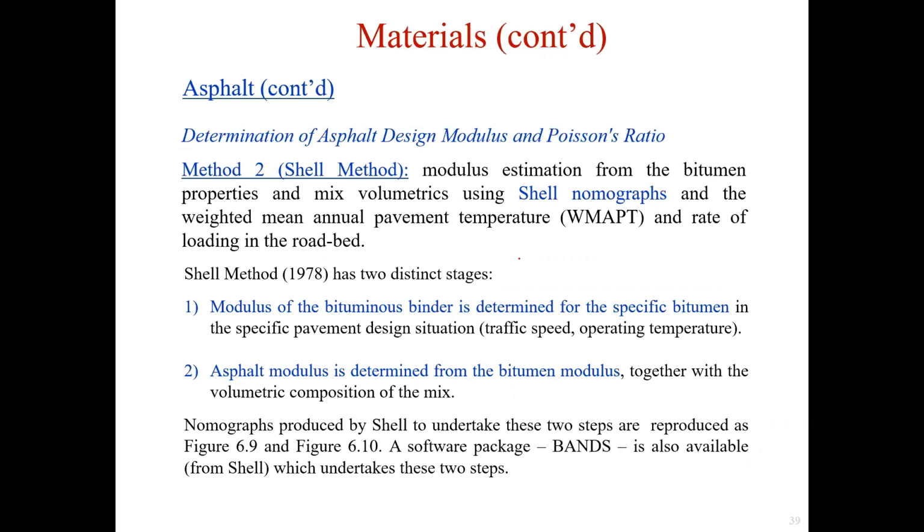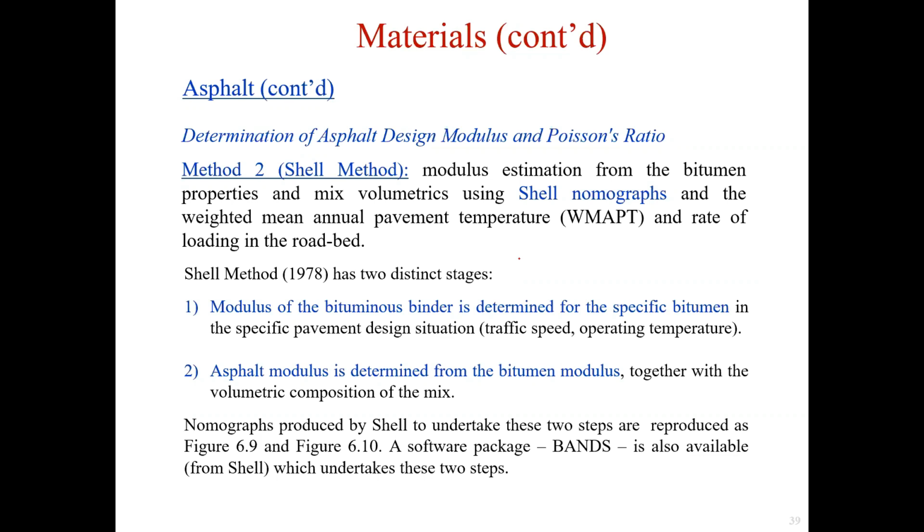The second method is estimating the modulus from the bitumen properties and mix volumetrics using the Shell nomograph in combination with the in-service temperature, WMAPT, and rate of loading in the roadbed. This method was developed by Shell to obtain reasonable estimates of modulus of mix, which include conventional bituminous binders.